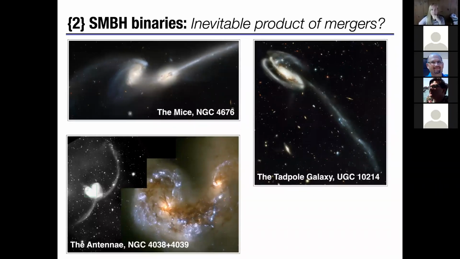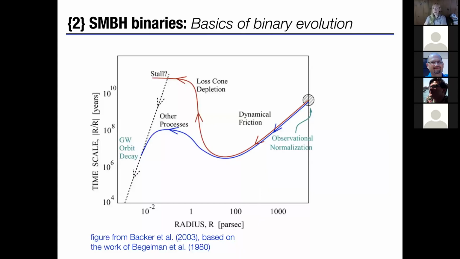I've been a little misleading, I think, to say that because galaxies merge, you should have gravitationally bound binaries. And there's a lot that happens between those two stages, which is basically to say the physics of binary evolution, which is encoded in this little cartoon.